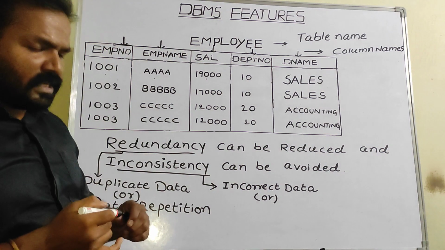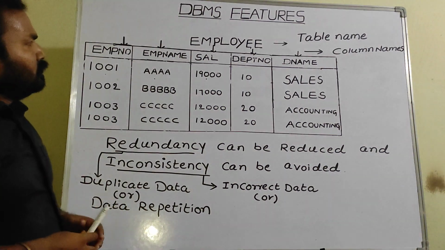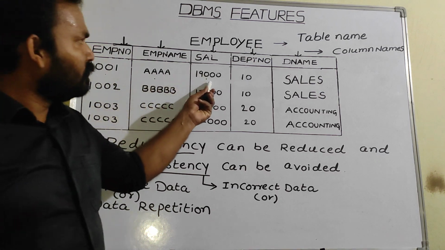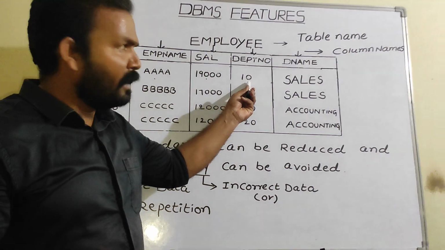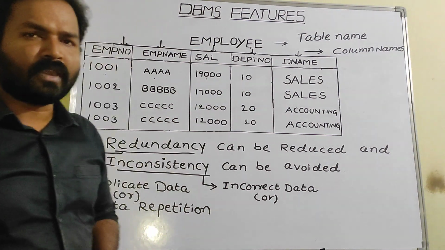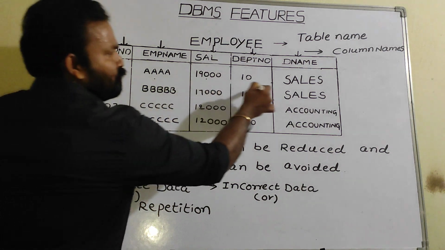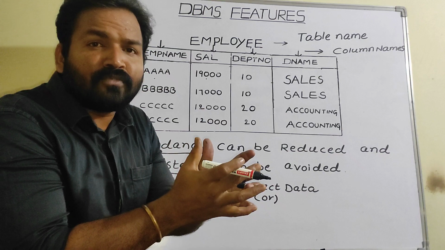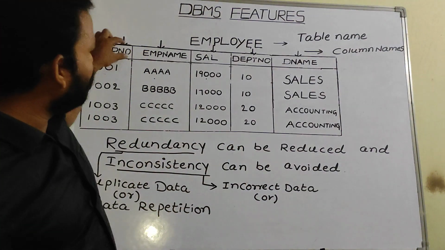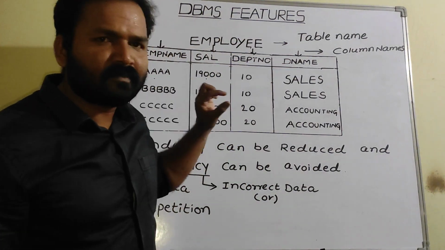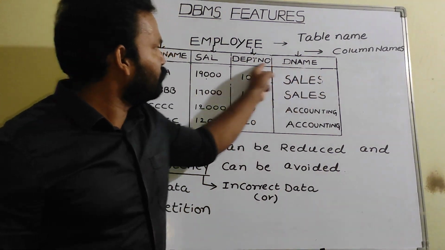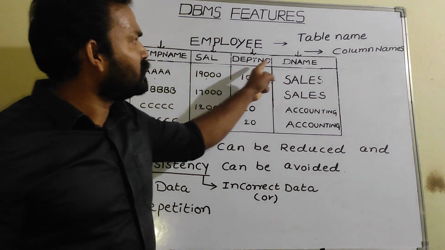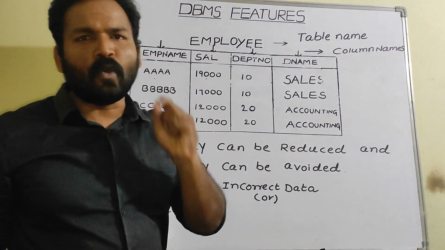Next, 1001, some name, 19,000, 10, sales. The combination of data of multiple columns forms a row.